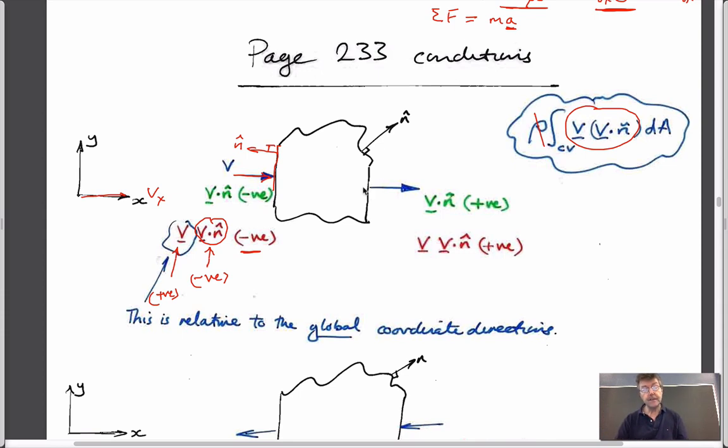When it comes out the other side, the velocity is still in the same direction. This term here is out of the system, directly aligned with the unit normal, and so by definition it has to be positive.